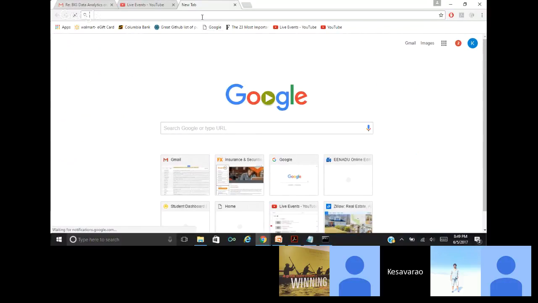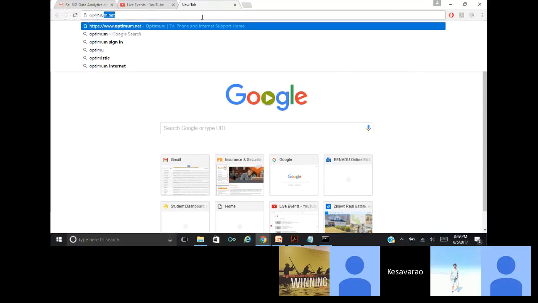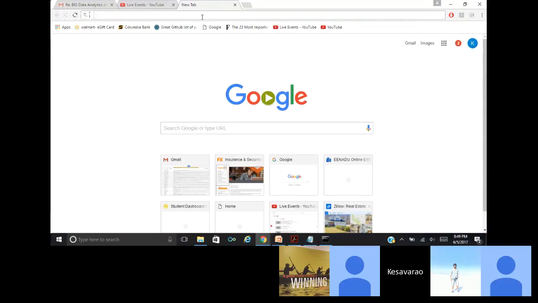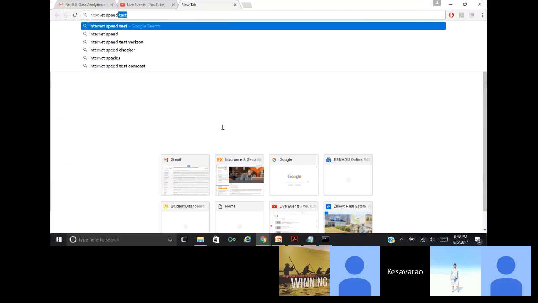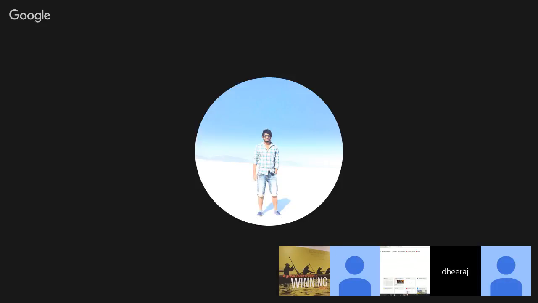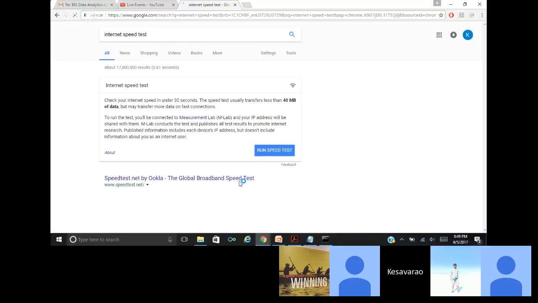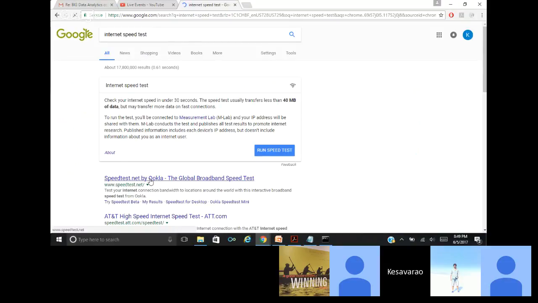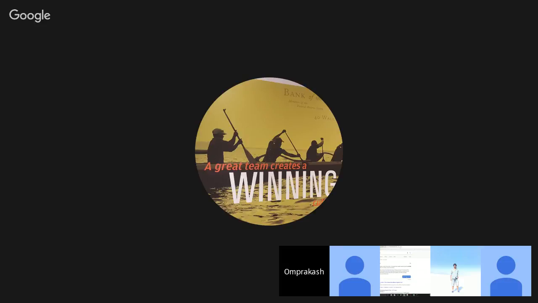So it's maybe in both ways actually. What is this, optimum? No, not optimum. There's some speed tool actually. What is that? Speedtest.net. There are a lot of tools actually. Speedtest.net. Okay. For me it's 10 milliseconds, 9 milliseconds, 10 milliseconds, 10 milliseconds, sir. That's my ping. Check all of yours once.